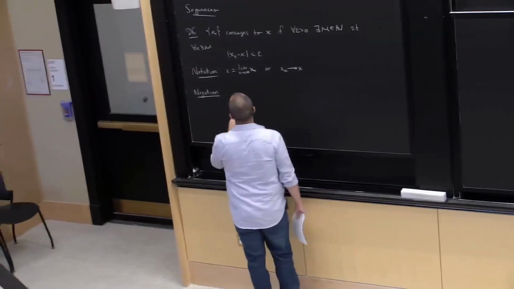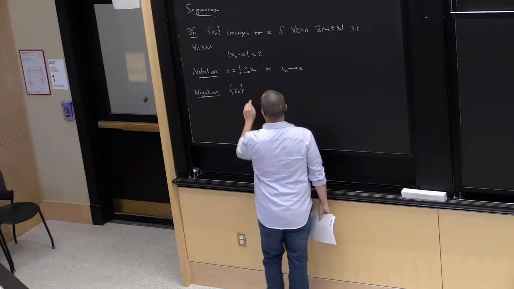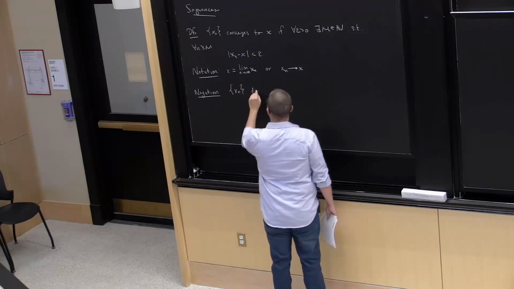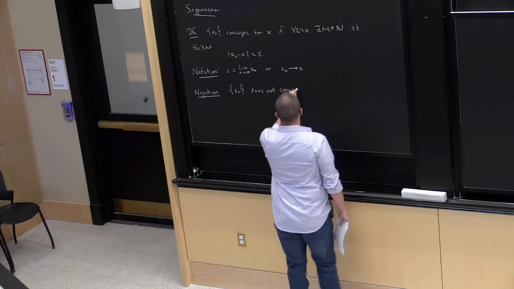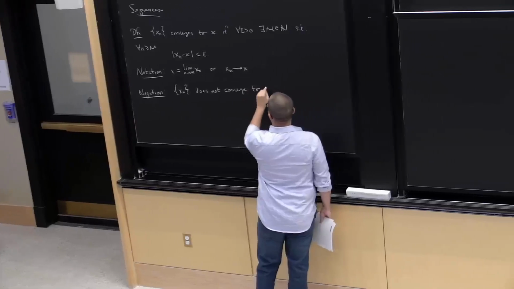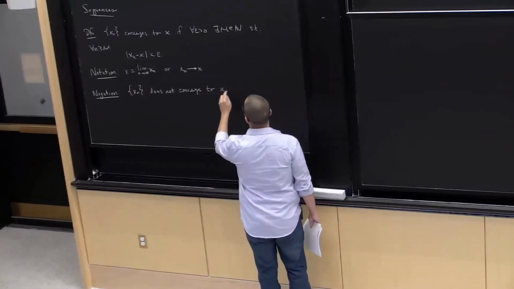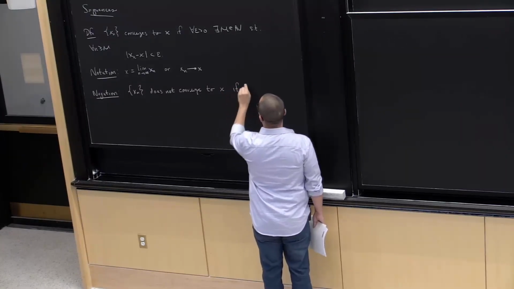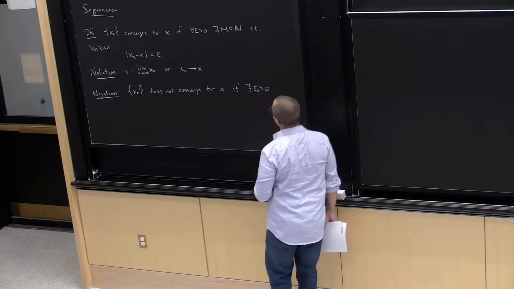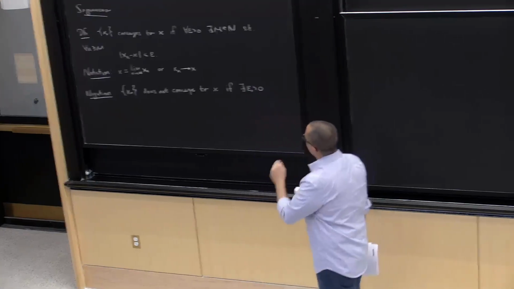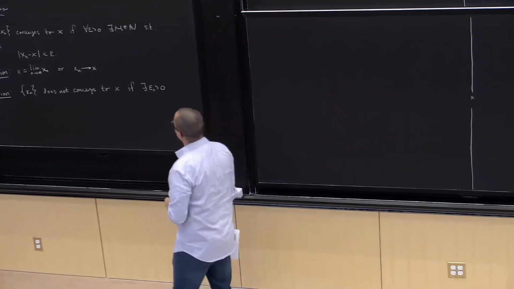And so the negation of this definition is that x_n does not converge to x. What does this mean? So this is the actual negation part. Whenever we negate a for all, it becomes a there exists, and whenever we negate a there exists, it becomes a for all.